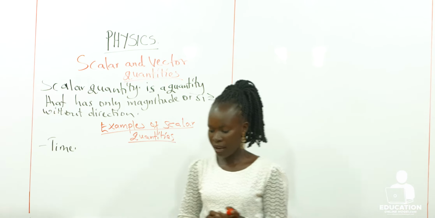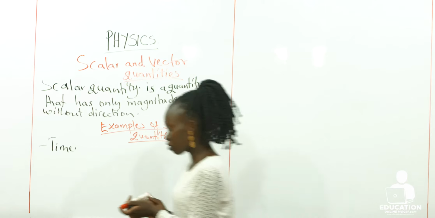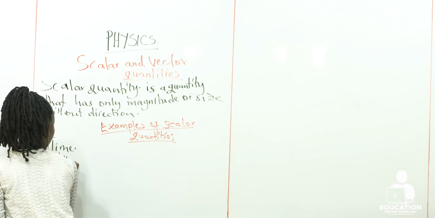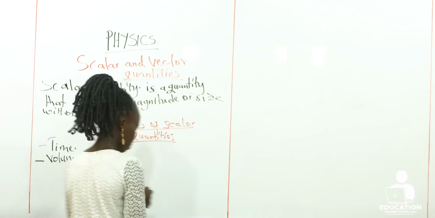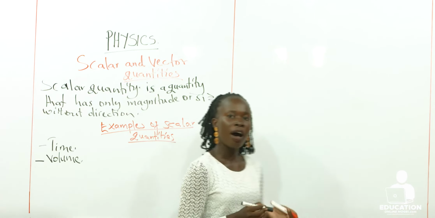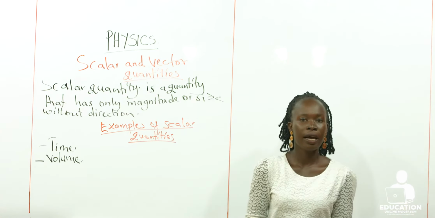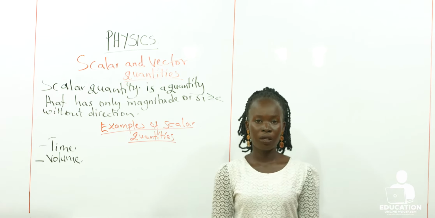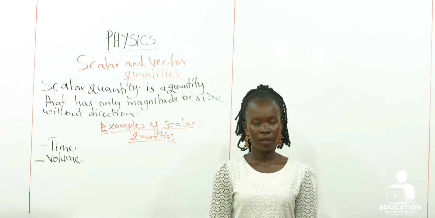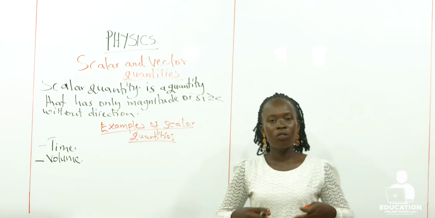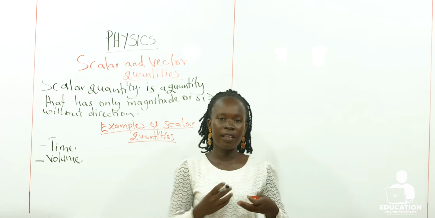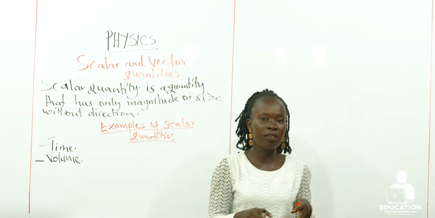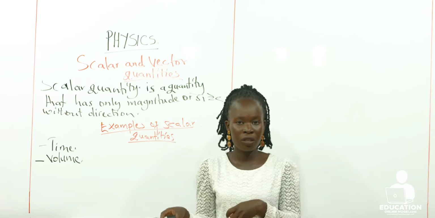We have another example, which is the volume. Does volume have any direction? For instance, if you get some water and pour it in a bucket, do you say that this water has taken this direction, or that the water in the bucket is moving in this direction?